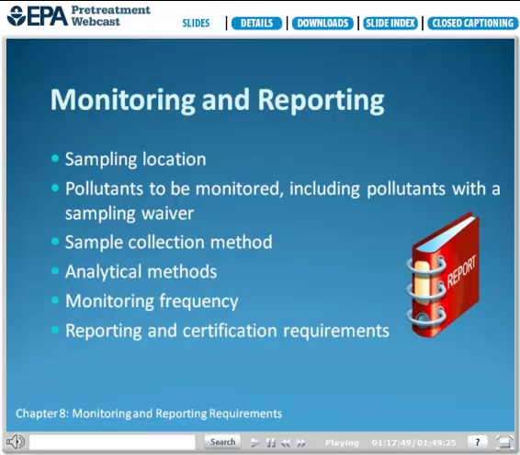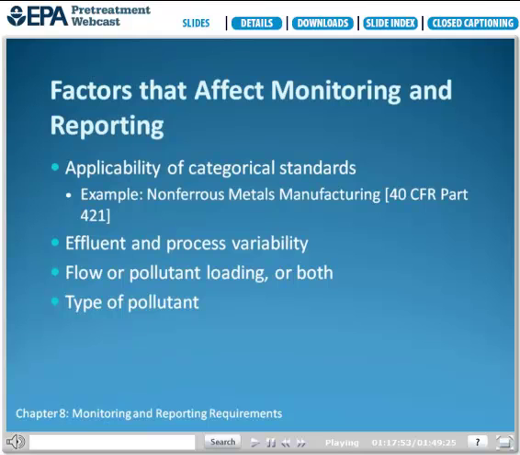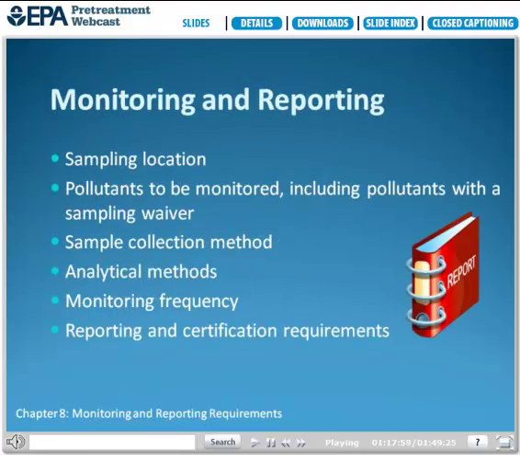Monitoring and reporting. The monitoring and reporting is an important aspect of a permit, and it should be clearly spelled out in the permit document. The sampling locations, now there can be more than one sampling location, as we talked about earlier.